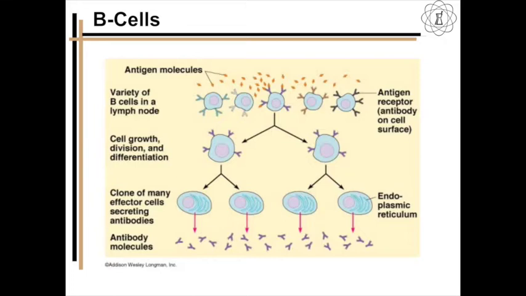And what ends up happening is that B cells lead to the production of antibodies. And antibodies are specific molecules that are going to specifically target something, in our case an antigen, on a cell.